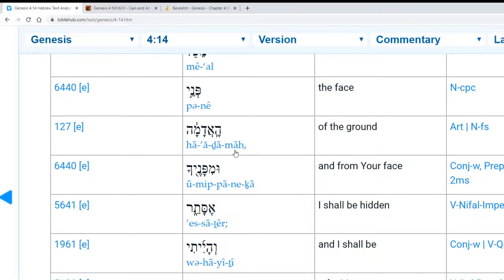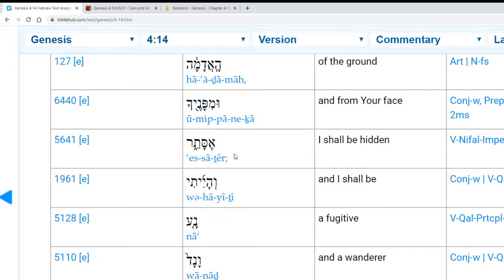Umi panecha, so conjunctive vav, the prepositional mem. Panecha, right? Panim means face, here clearly face. Panecha, right? Your face. Chaf at the end, meaning you. Aster, right? So this actually shows up many times in this particular form.